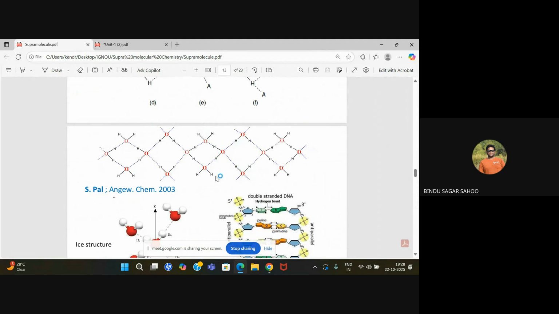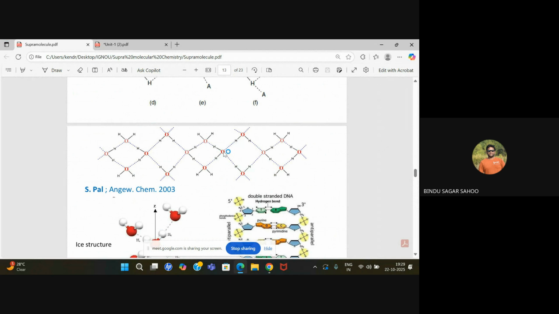Yes or no? Particularly this type of rigid structure forms in the solid form of water, in ice. Whenever they form this type of rigid structure, there will be a larger empty space between the water molecules. That's why ice has less density, so it can float on liquid water.